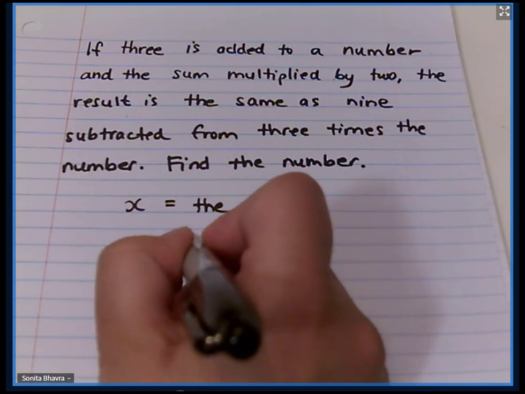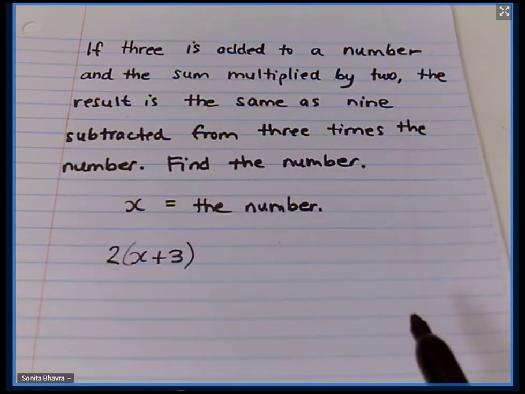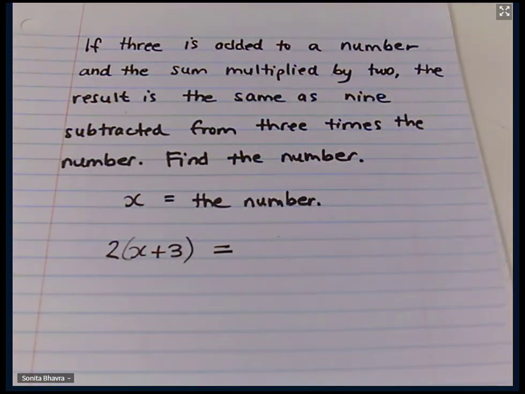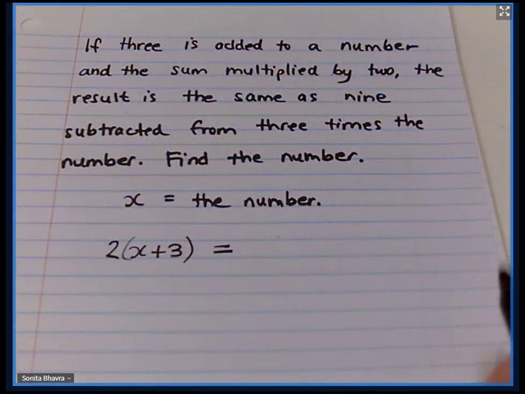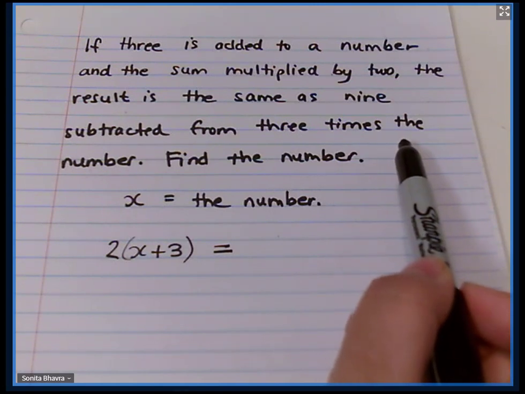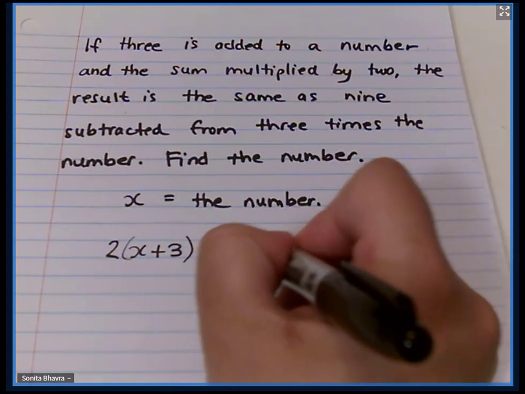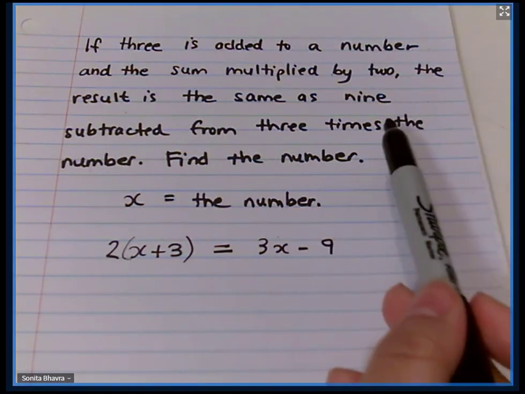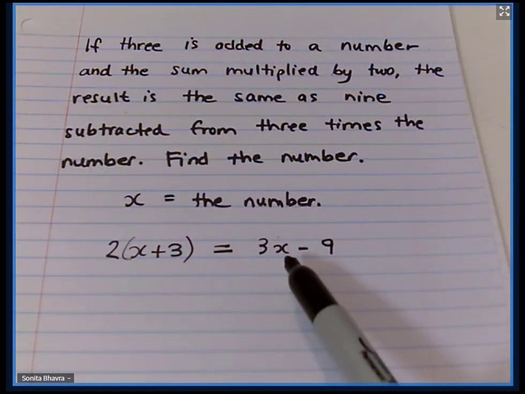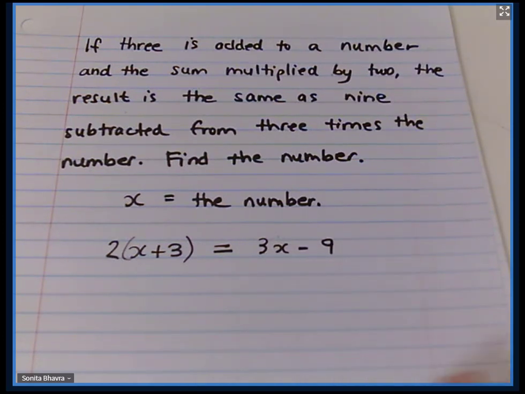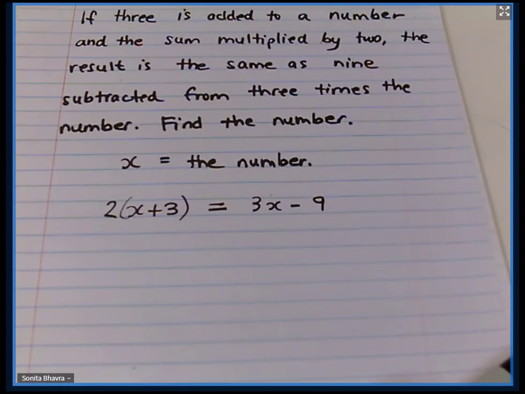You have to put that in brackets and show it's being multiplied by 2. The result is the same as 9 subtracted from 3 times the number. So you have to write it as 3x minus 9. So there's our equation.